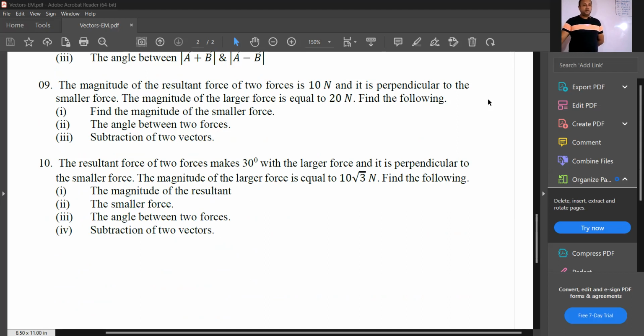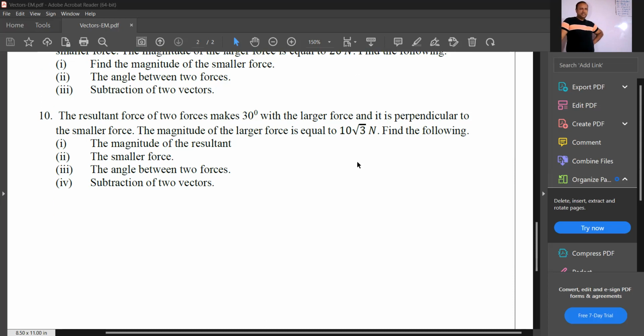In the right angle triangle, the hypotenuse is 20 Newton. One perpendicular side is 10 Newton. So you have to find the other side. The side can be determined using Pythagoras theorem. The angle I have explained. Subtraction means minus 1. That can be determined.